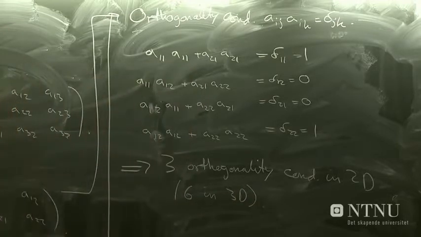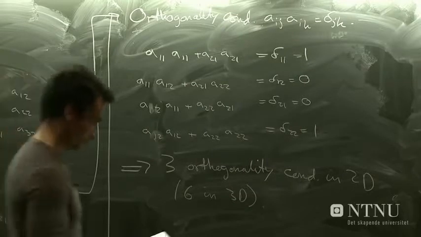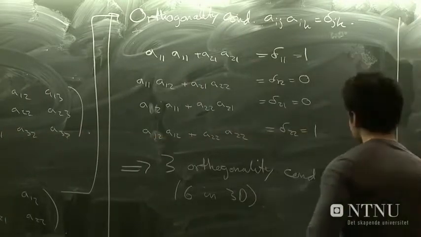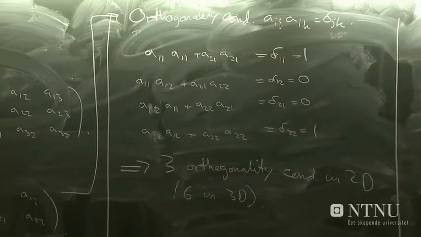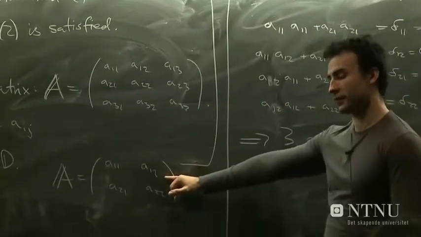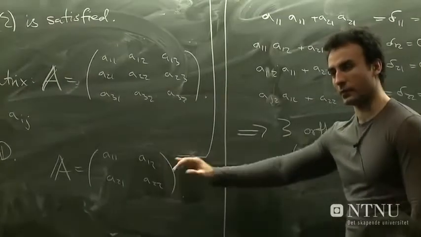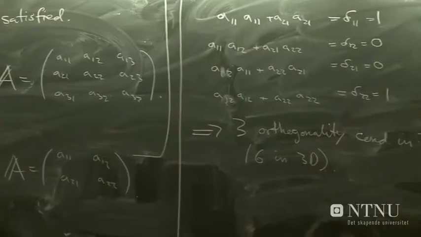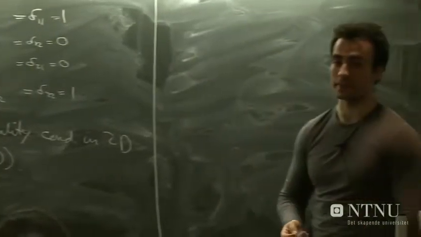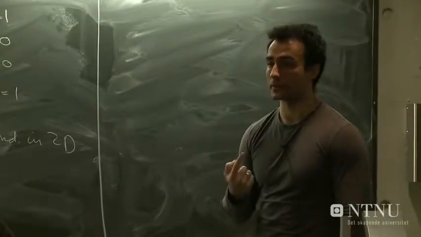So you have 3 in 2D and 6 in 3D. Well, we have 4 of these coefficients. We have 4 matrix elements, and we have 3 orthogonality conditions, which means that we should have simply 1 degree of freedom.